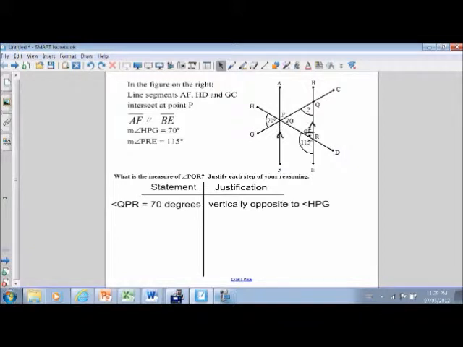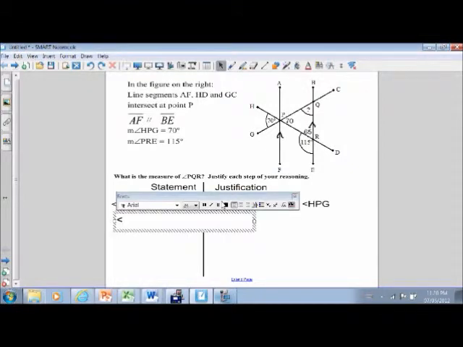Now we can look down here at this 65. Where did that come from? We said that these two angles were supplementary. That means they add up to 180 degrees because they make a straight line. So we took 180 degrees. The idea of a proof here, or justification, is that we spell it out and make it very obvious. So we say angle PRB equals 180 degrees minus 115 degrees. The whole thing, because it's a straight line, must equal 180.